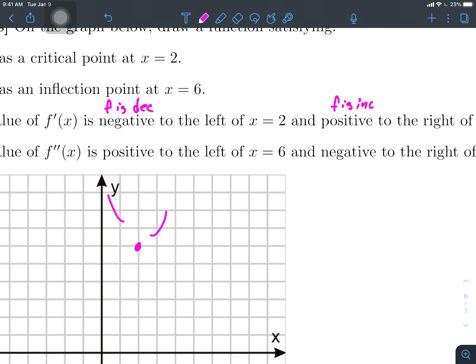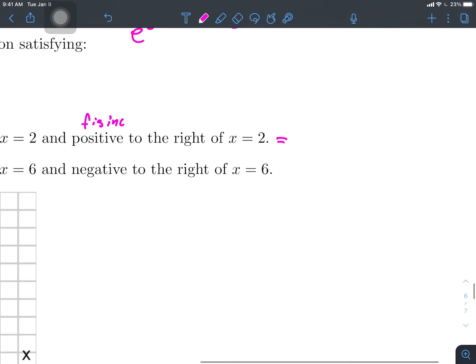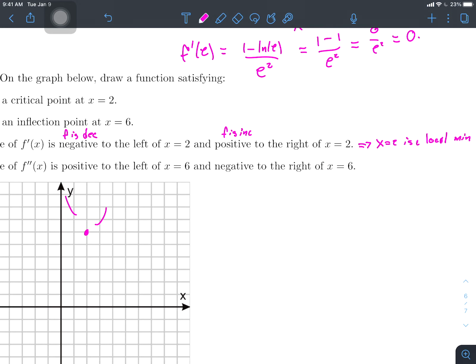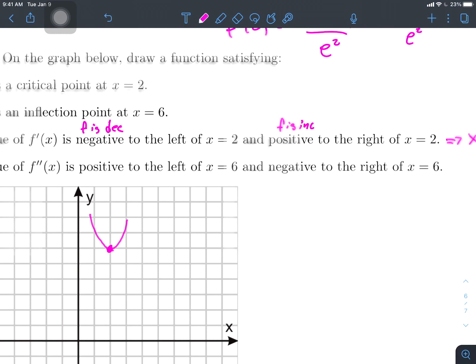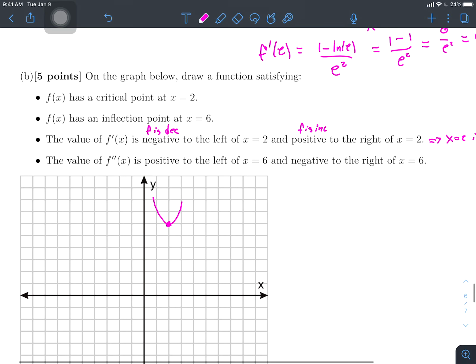So this is a minimum. This means x equals 2 is a local min. So we have maybe a function which looks kind of like this initially. And how about the second part?